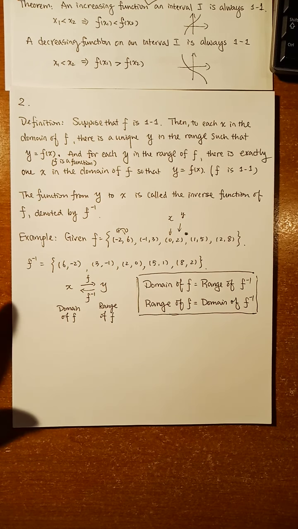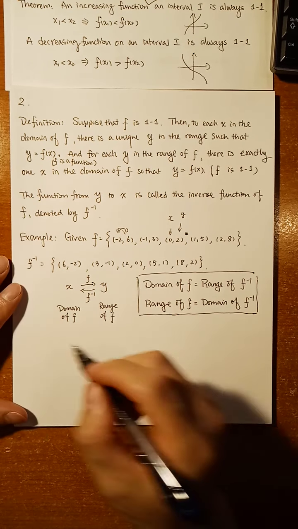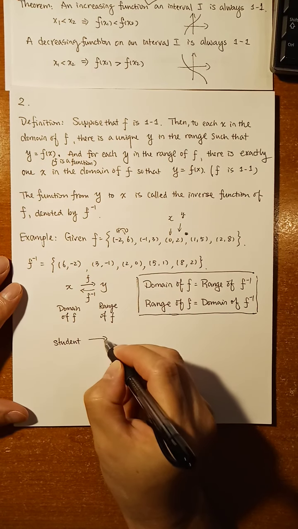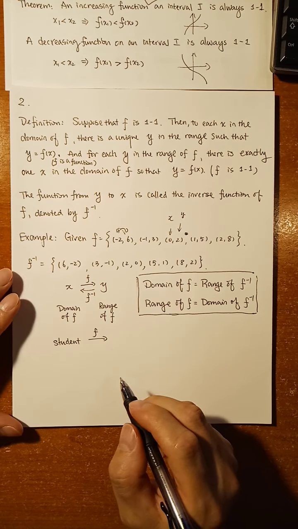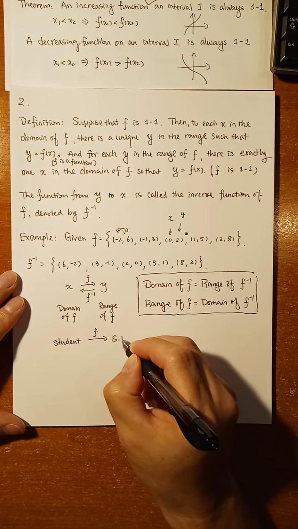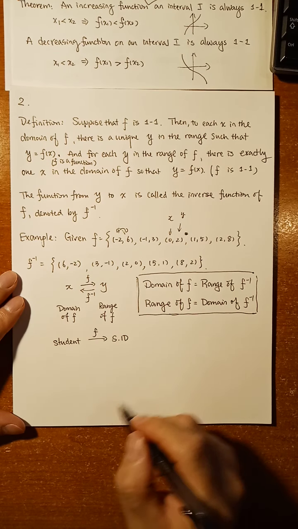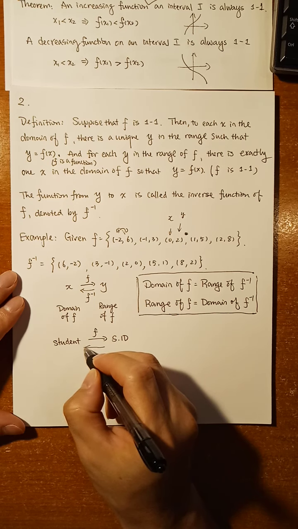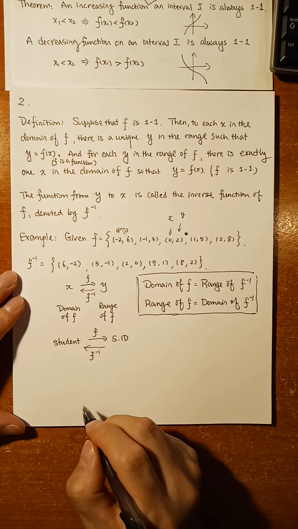Another property: if you have a student, use the student number function, you can get the student number. And then use the same student number, you can go back to get the student.